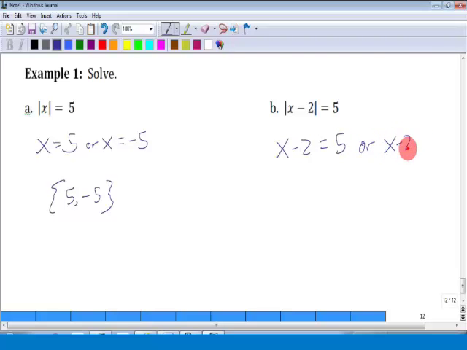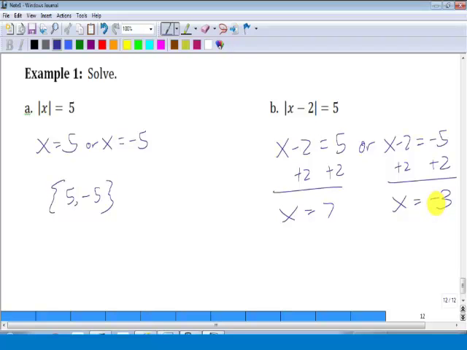Or if we can find an x that makes x minus 2 equal to negative 5, this would also work. Add 2: x could be 7, or x could be negative 3.